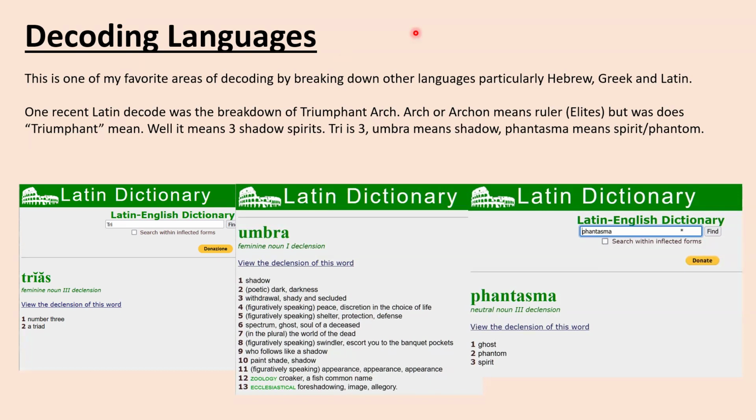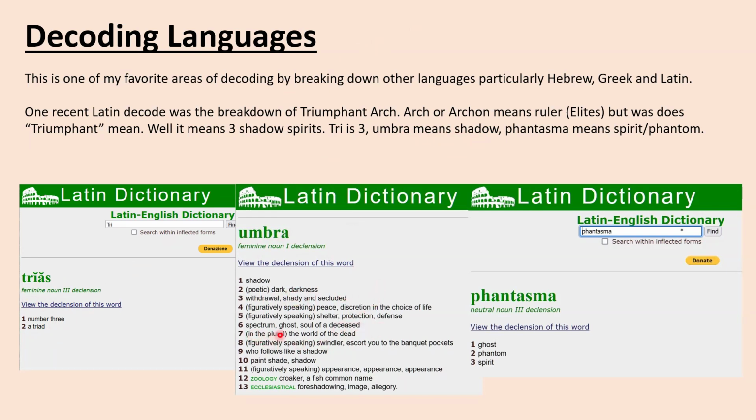Tri is 3 in Latin. Trias, number 3, a triad. Umbra means shadow. So that's where umbrella comes from, to create a shadow, or darkness, a shading. Hence the word umbrella. Shelter.